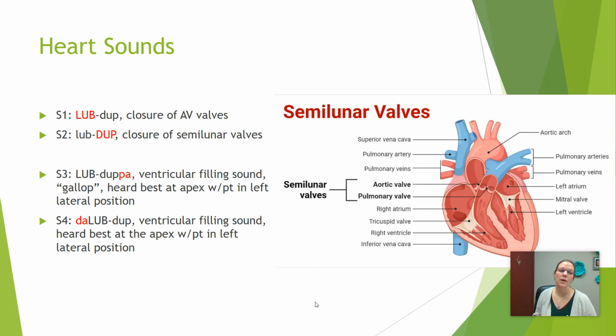And then an S4 is like a ventricular filling sound that's heard just prior to S1. And again, it's heard best at the apex with the patient in left lateral position. You've got to have a good stethoscope with a good bell and good condition, and you've got to really listen for these.